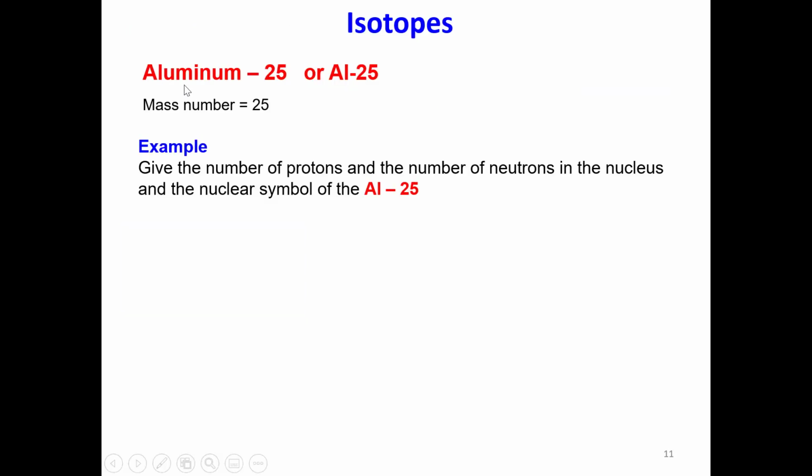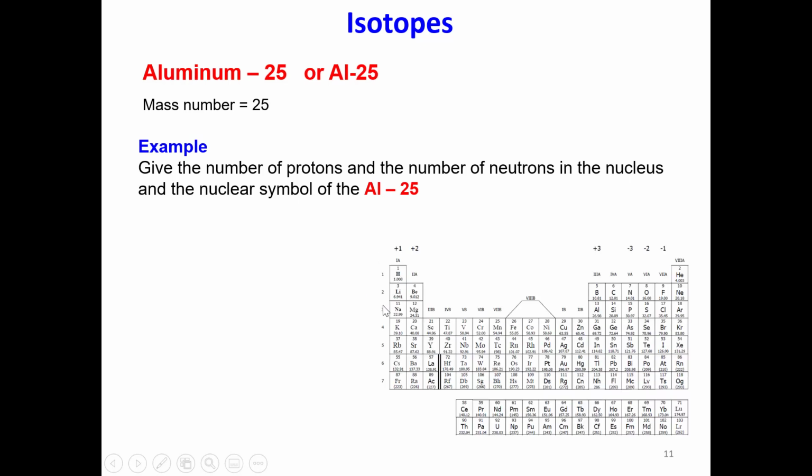Also, we can represent an isotope if we write the name of the element and then the mass number. Or we can write the symbol of the element along with the mass number. In this example, we want to find the number of protons and the number of neutrons in the nucleus and the nuclear symbol of aluminum-25.